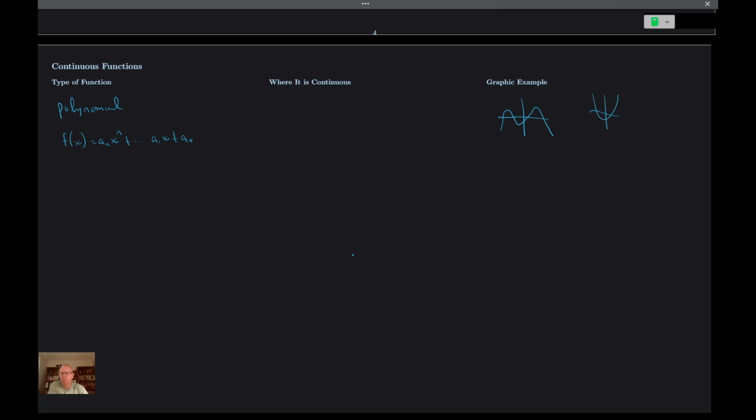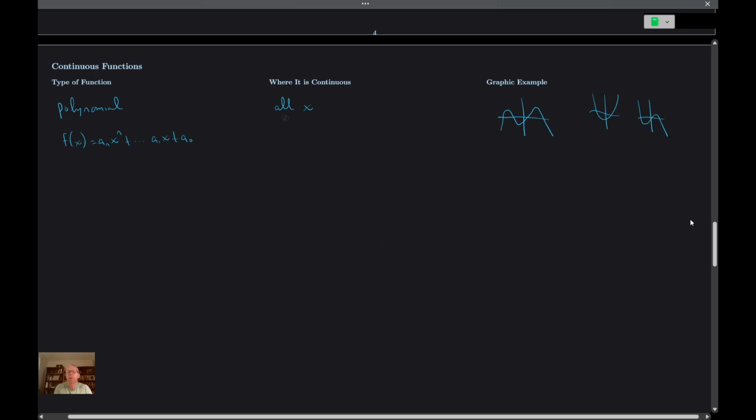Quadratic, of course, looks something like that. Cubic maybe looks like that. This would be a quartic, degree 4 polynomial, but they're always continuous everywhere, for all x. So if you see a polynomial and you're asked where this is continuous, it's always all real numbers.